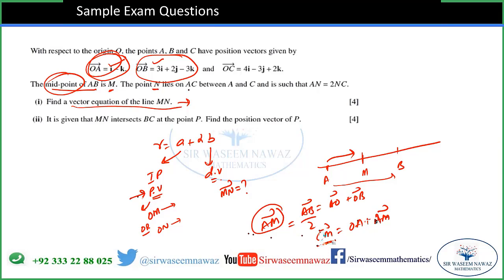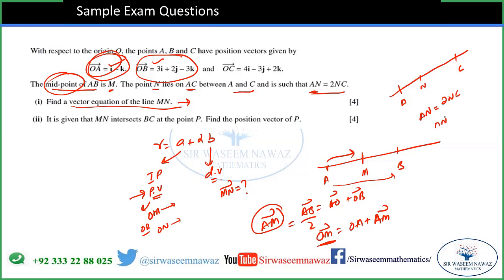Similarly, you will work for N. The point N lies on AC between A and C such that AN is equal to 2 times NC. Now look like this. This is point A here. This is point C here. And N lies between A and C, such that AN equals 2 times NC.